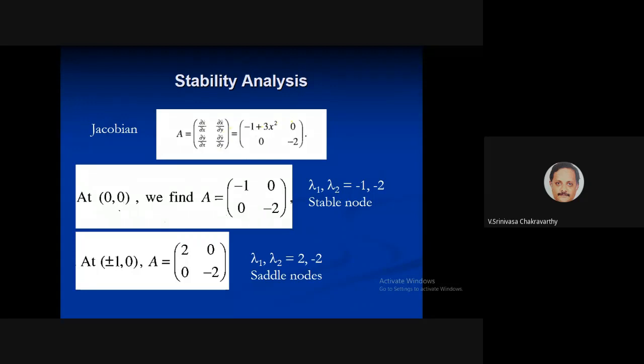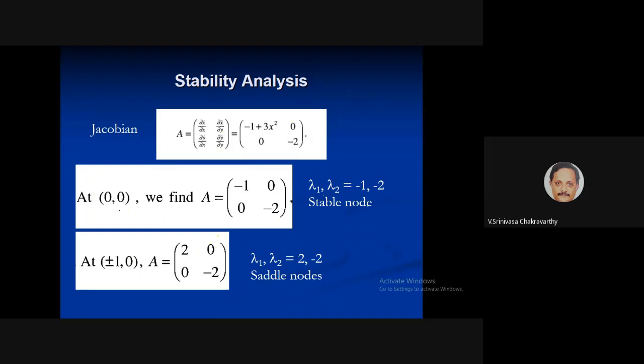Now let us calculate the Jacobian at the 3 fixed points. At 0, 0, if you plug it in, you get minus 1, 0, 0, minus 1. And you can trivially see that the eigenvalues are λ1, λ2 equal to minus 1, minus 1. It's a stable node. And at plus or minus 1 and 0, since it depends on x², it doesn't matter whether the root is plus 1 or minus 1.